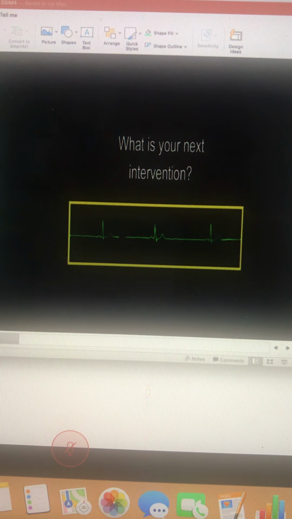So Raquel, what do you think is our next intervention? Since we have the IV access, we can give atropine. Great. How much do you give? 0.5 milligrams. Okay.